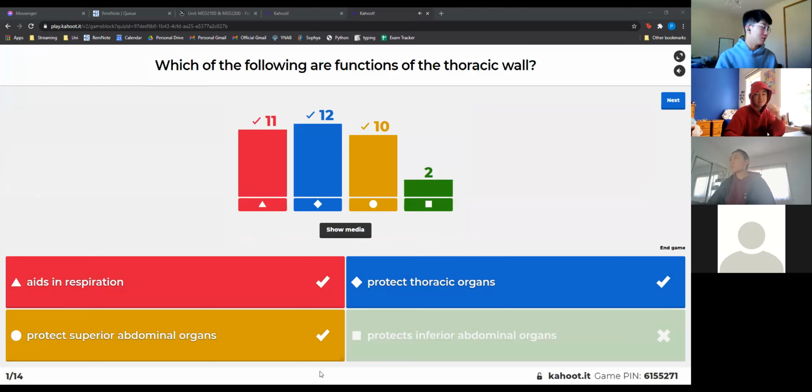So the main tricky one, I guess, was just remembering that the rib cage protects the superior abdominal organs. The liver is the biggest one, plus a bit of your spleen, and the top half of your kidneys. That's all I can think of. But it does protect some of the abdominal organs. The lower ones aren't protected at all. But yeah, good job.